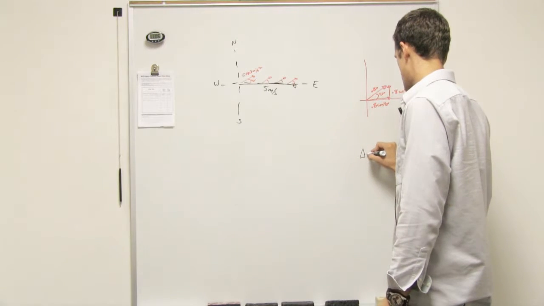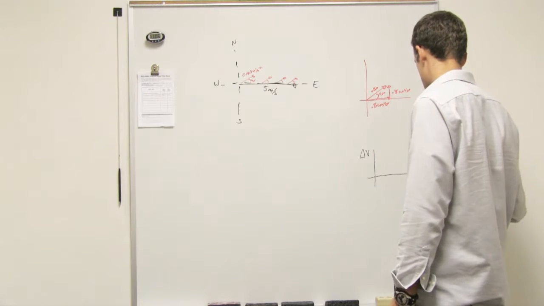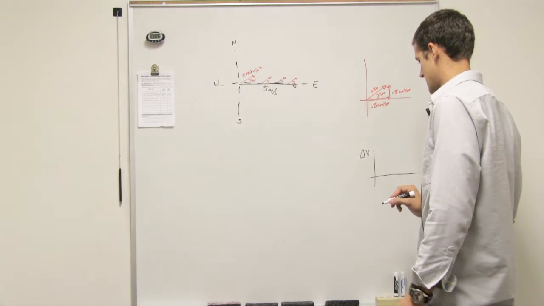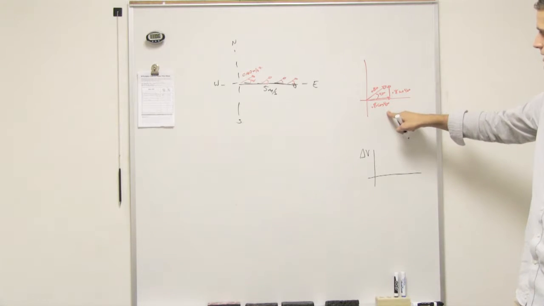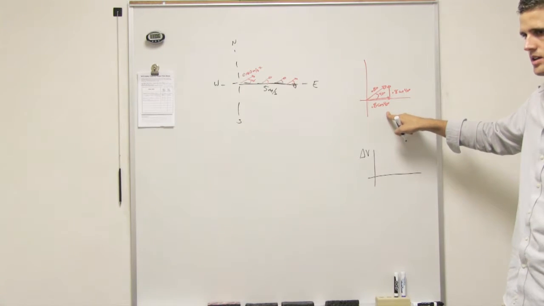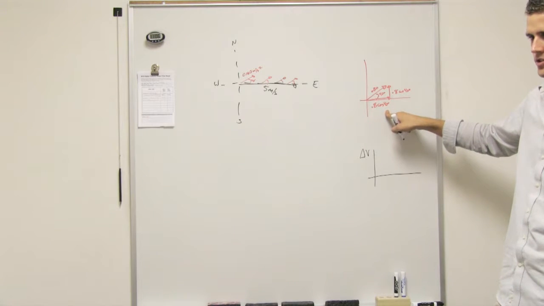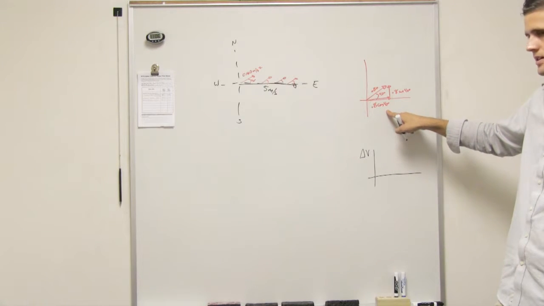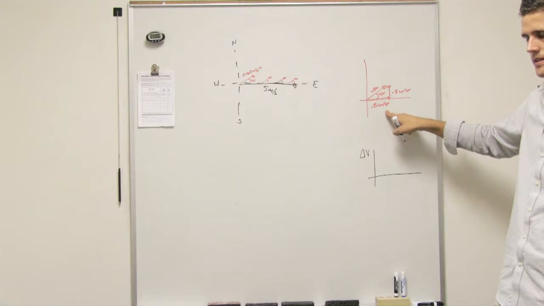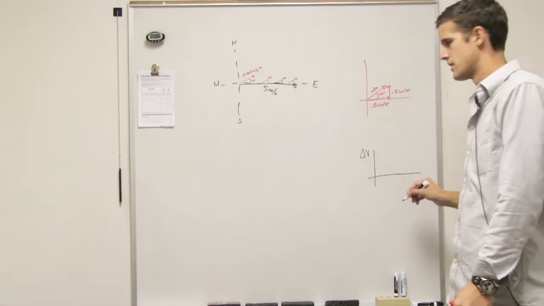So this would be like change in velocity. What would be the x? 0.8 cosine 40. So that's the acceleration. Then you do that for 6 seconds. So you times that by 6.